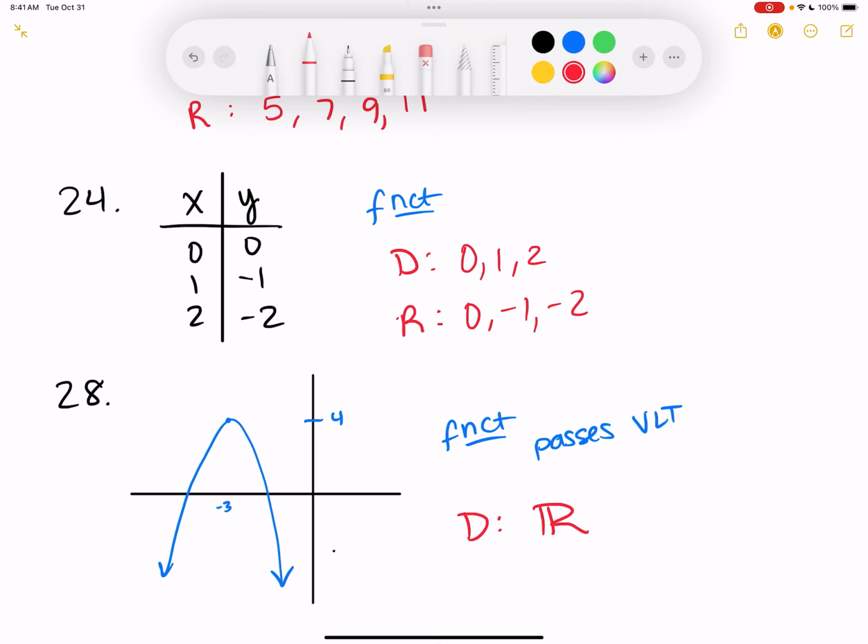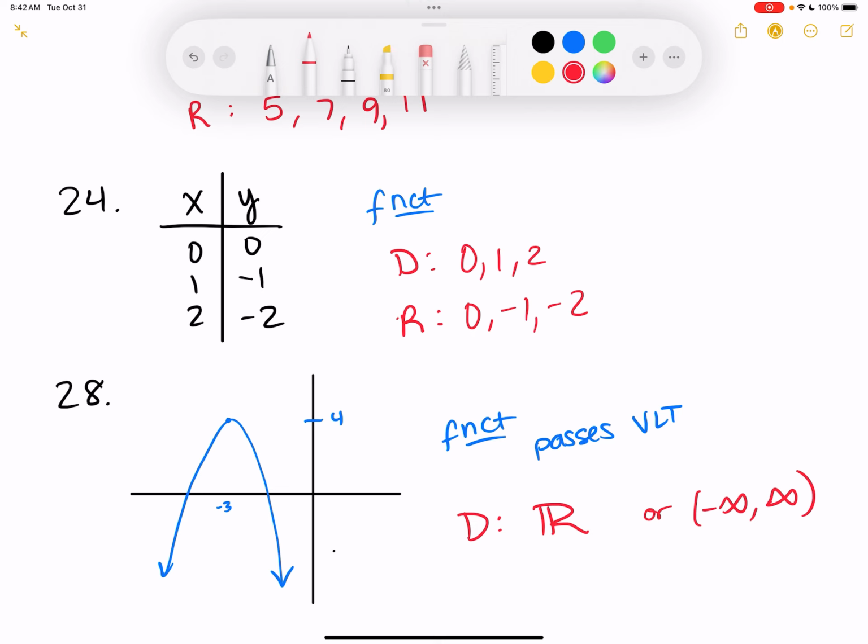So you can either write it as negative infinity to infinity, or you can write this fancy R, which means all real numbers. It's basically an R with 2 sticks instead of 1. But they both mean the same thing. Or you can just handwrite all real numbers if you're confused.